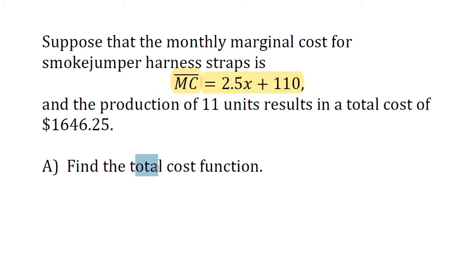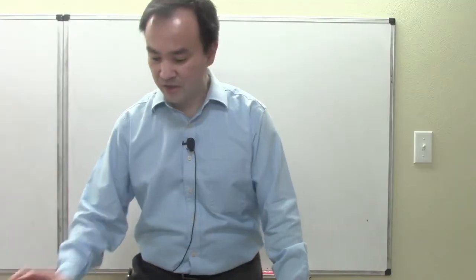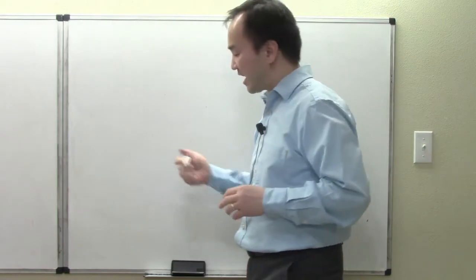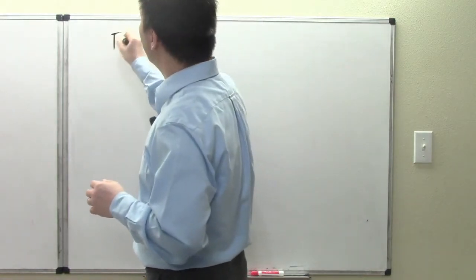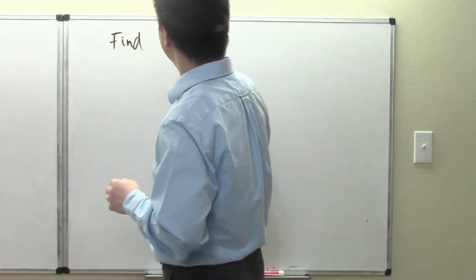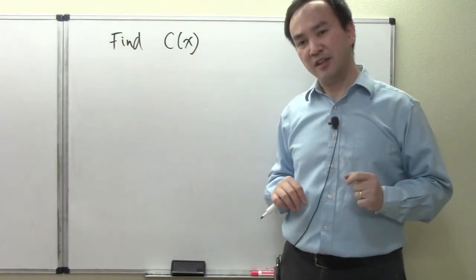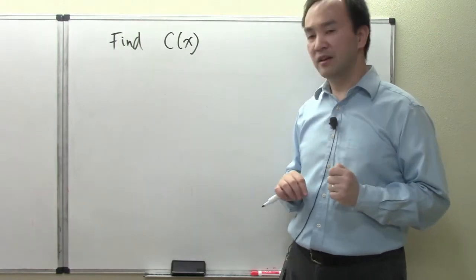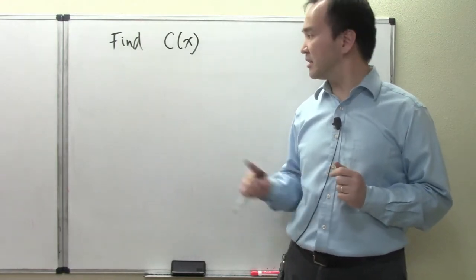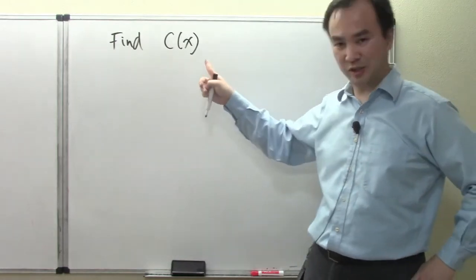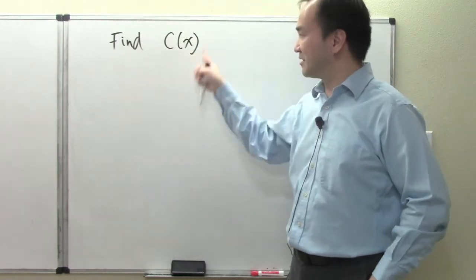Okay, total cost function. And so now, extracting the wording out of problem part A, we want to find C of x, the total cost function. For us, the math students who are on track for business applications, we are well familiar with the way a lot of math textbooks in your major commonly notate cost function.